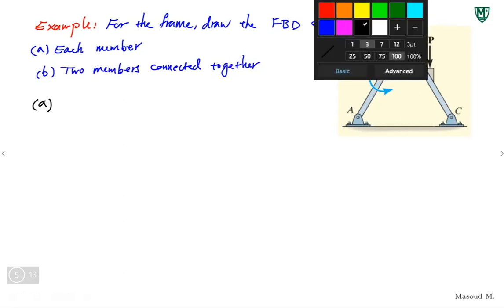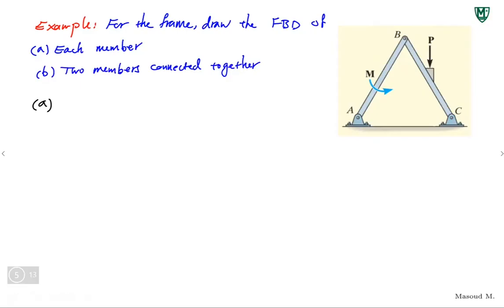Let me use a thicker line. Let's say this is member A, B, and call it B. So what should I put there? All right, I'm taking this away or dismantling this whole frame.